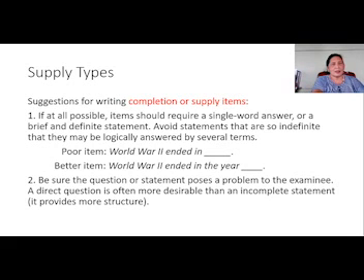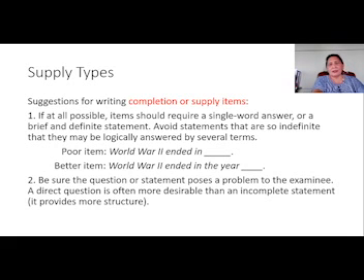So, in other words, we must avoid blanks that would be open to many answers. So, let's look at the poor item. One might write, World War II ended in.